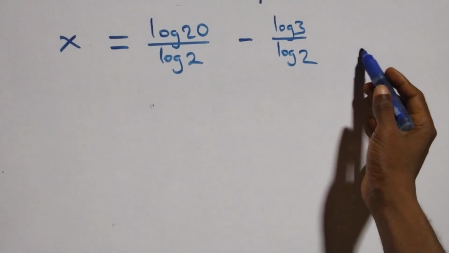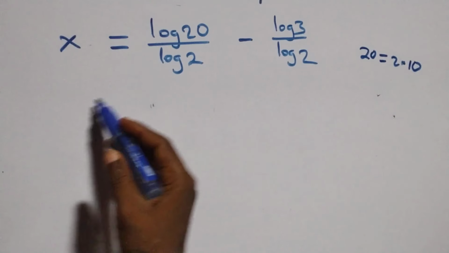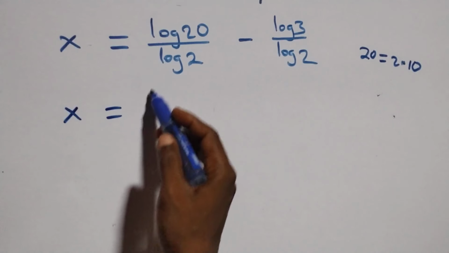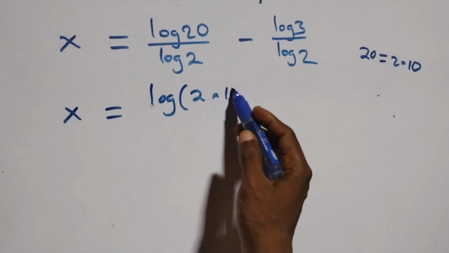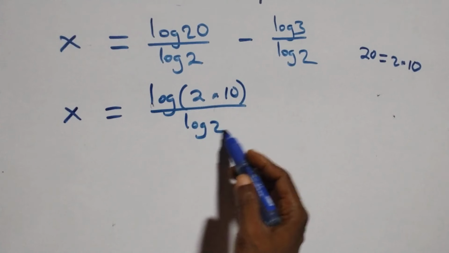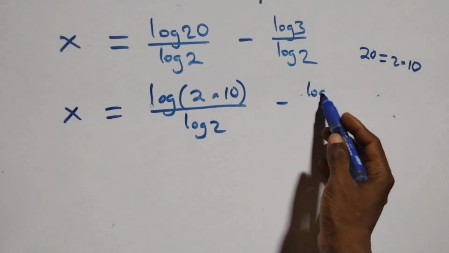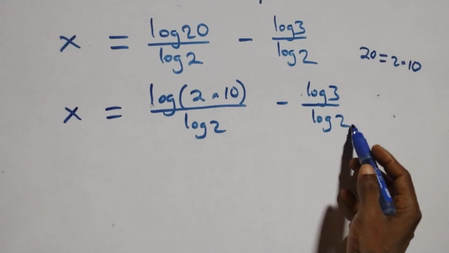Next step here, we can express 20 as 2 times 10. Then what we have here becomes x equals to log 2 times 10 over log 2 minus log 3 over log 2.